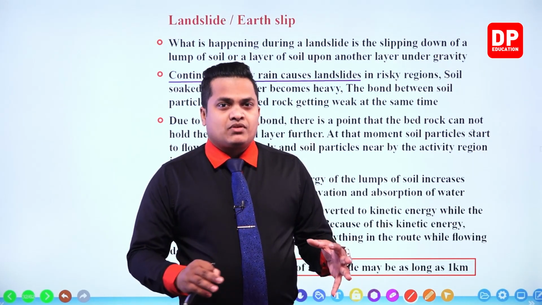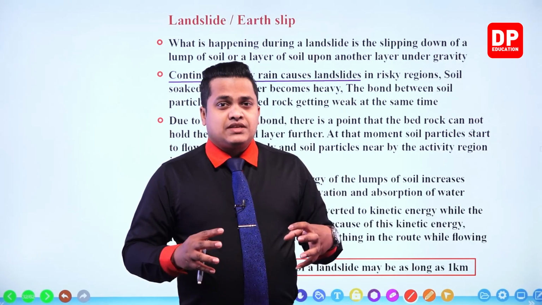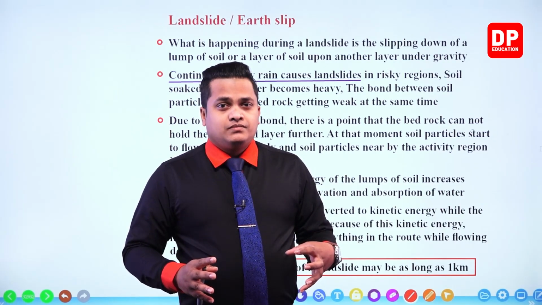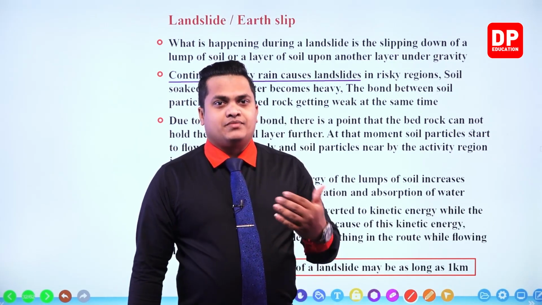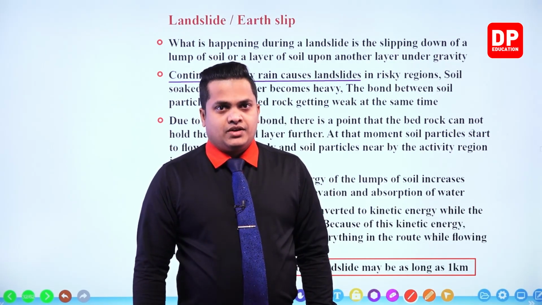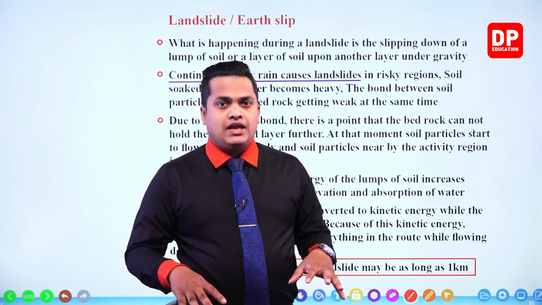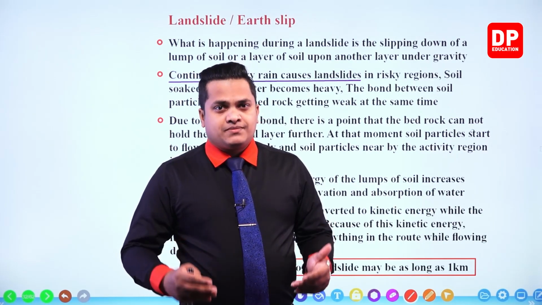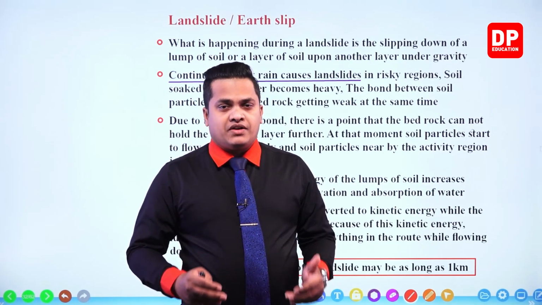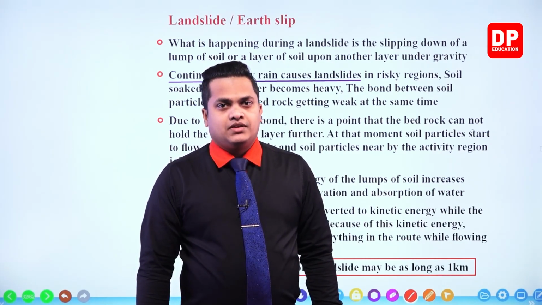So when they come across other particles and other objects, all of these things will come down at a greater speed, right? So all the lumps of soil around the hill area will come down with the water. This particular condition is what is referred to as a landslide.